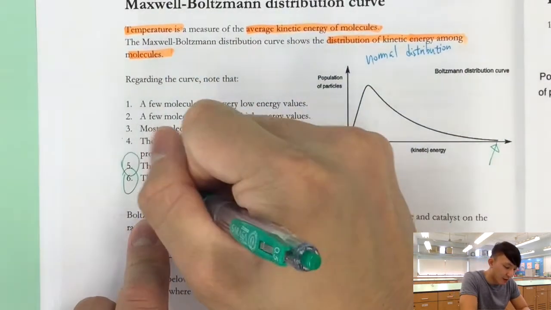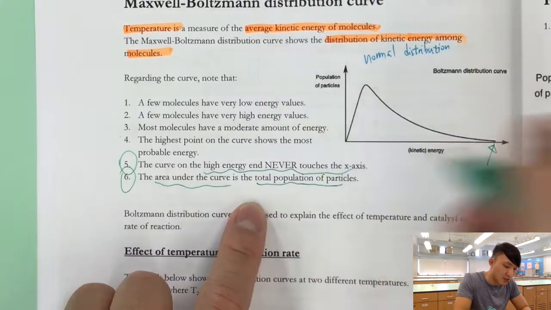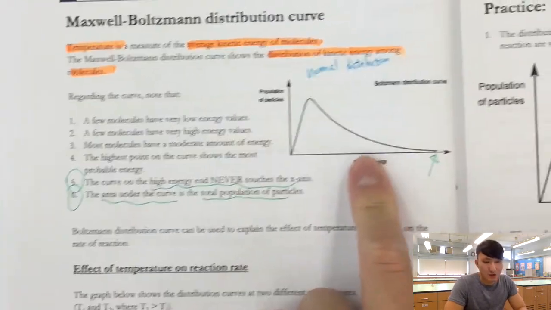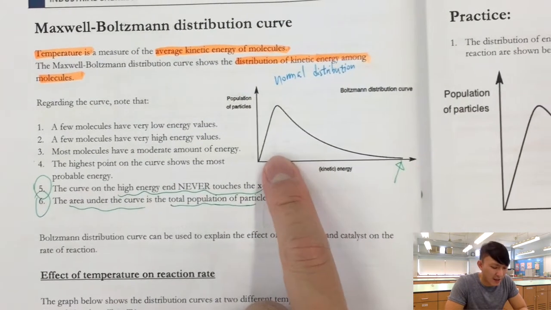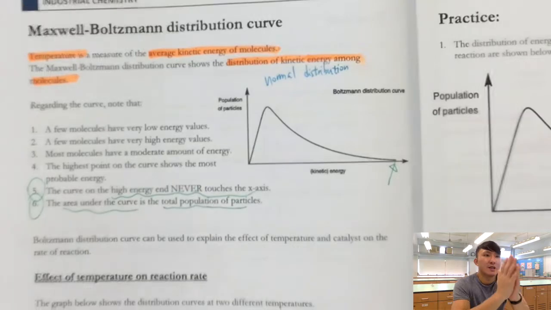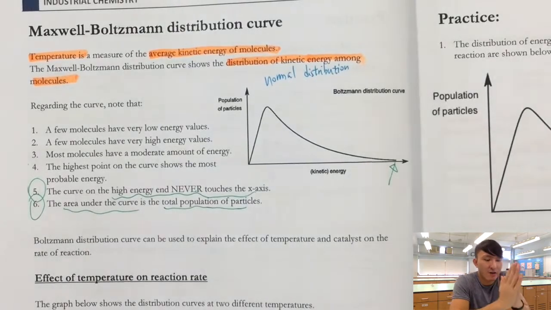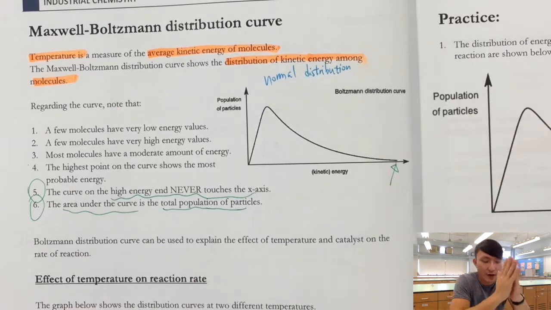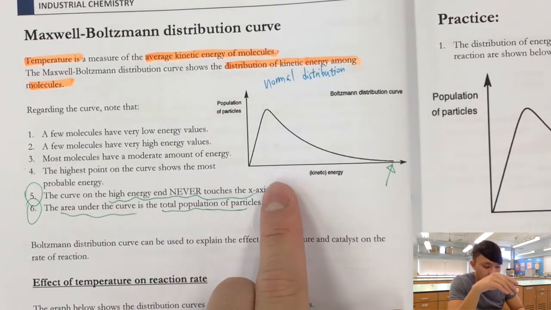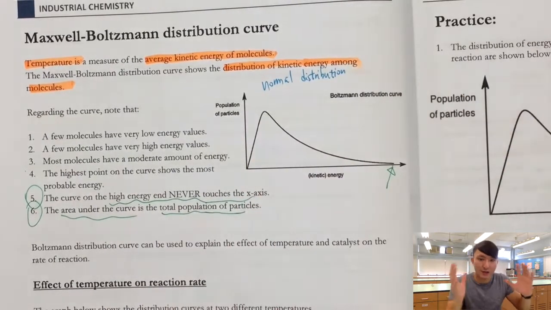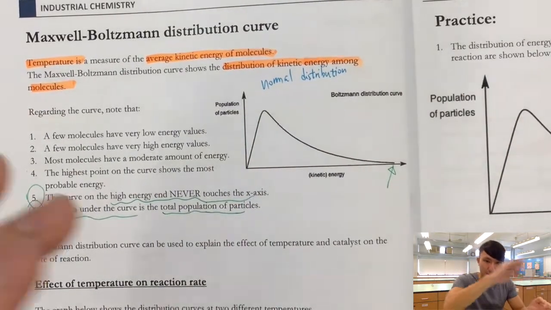The area under the curve is telling you the total population of particles. Okay. Now, this normal distribution curve, you can understand it like a bar chart. But when the bar chart has such a narrow width, that means they take into account every single kinetic energy, like 1 joule, 2 joules, 3 joules, etc. Then altogether the bars will form a curve.